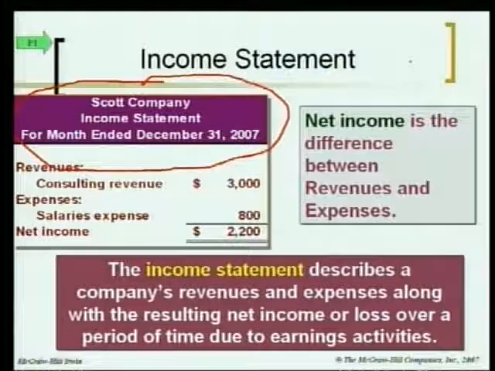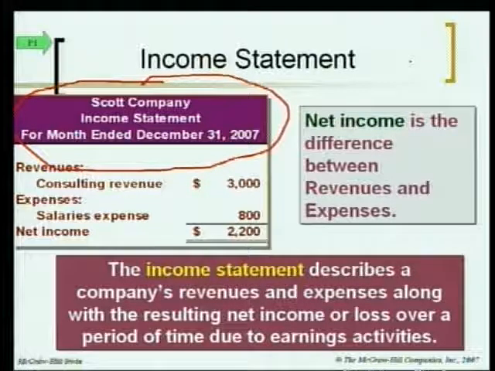So when we talk about revenues or what you earn, you can't just say the ending date today. You have to say for what period of time we are talking about. Does this make sense? Look back at the PowerPoint again. It says for the month ended December 31 of '07. Now this could be dated for the year ended, for the week ended, for the quarter ended, but we need to know the beginning and the end of when we're keeping track of this revenue.